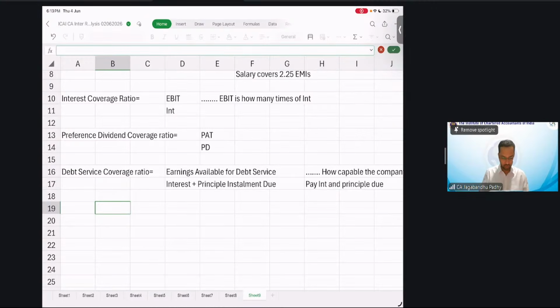Okay, so let's try to understand this part. How to calculate the earnings available for debt service.